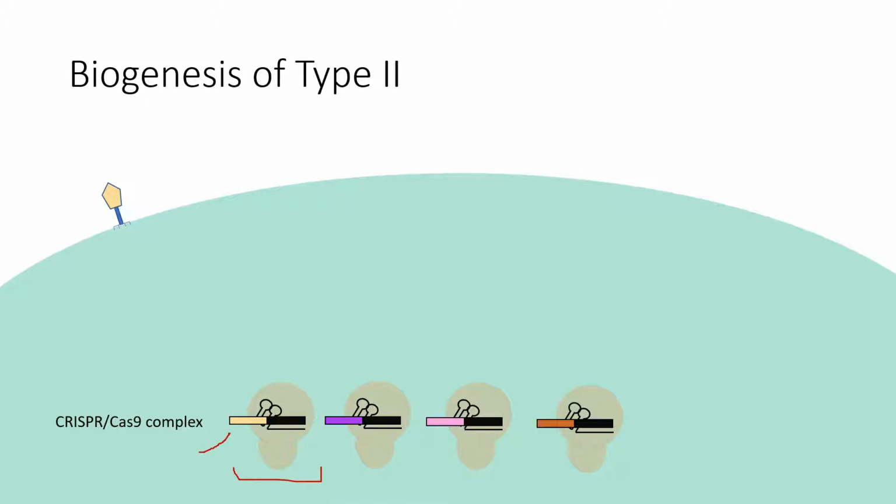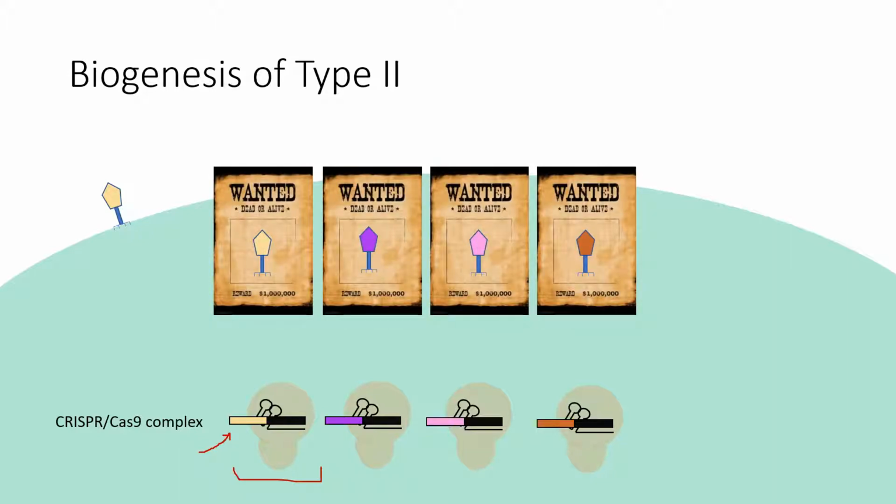Remember, the spacer is that viral sequence, and then a repeat sequence. That repeat sequence helped guide this complex there. Each of these is going to be looking for a certain virus because the spacer sequence has homology to a specific virus that it took.